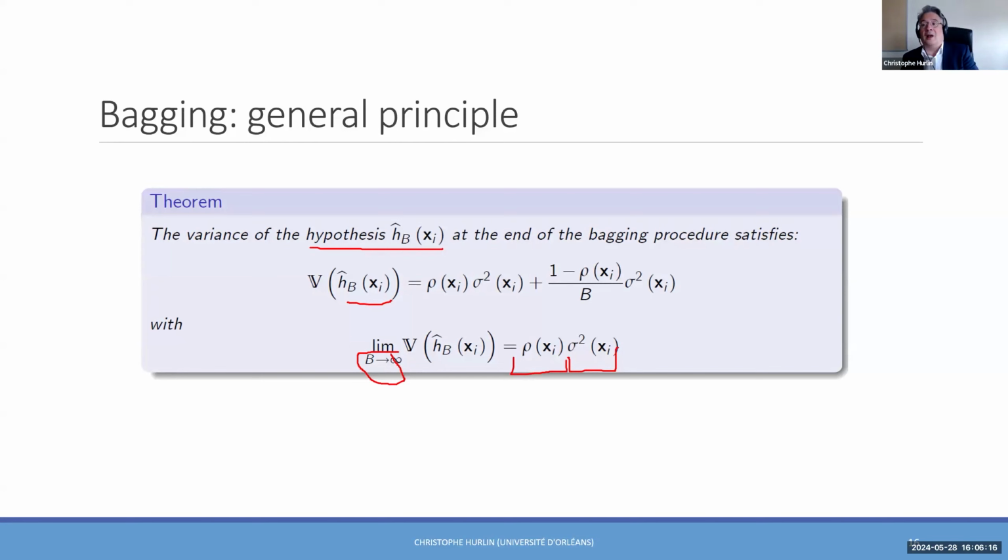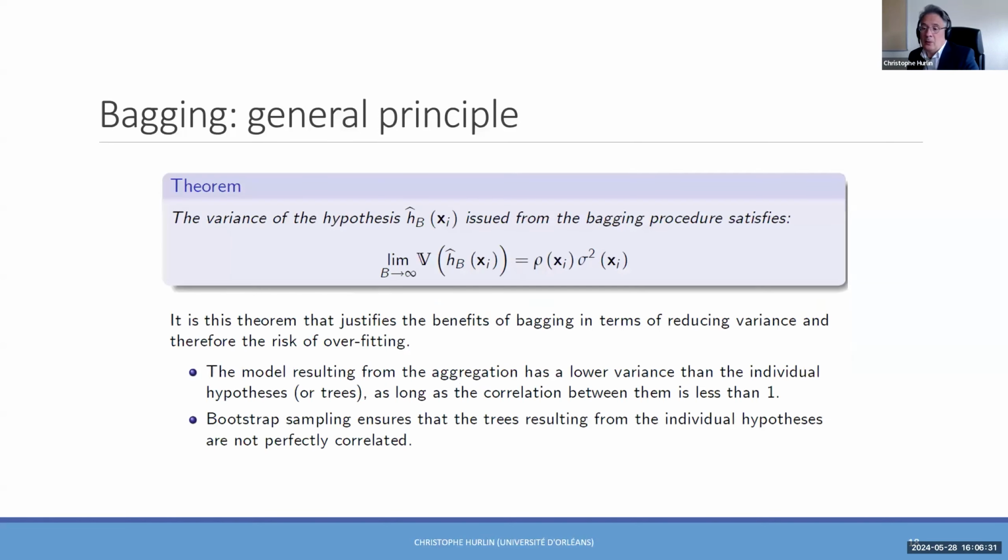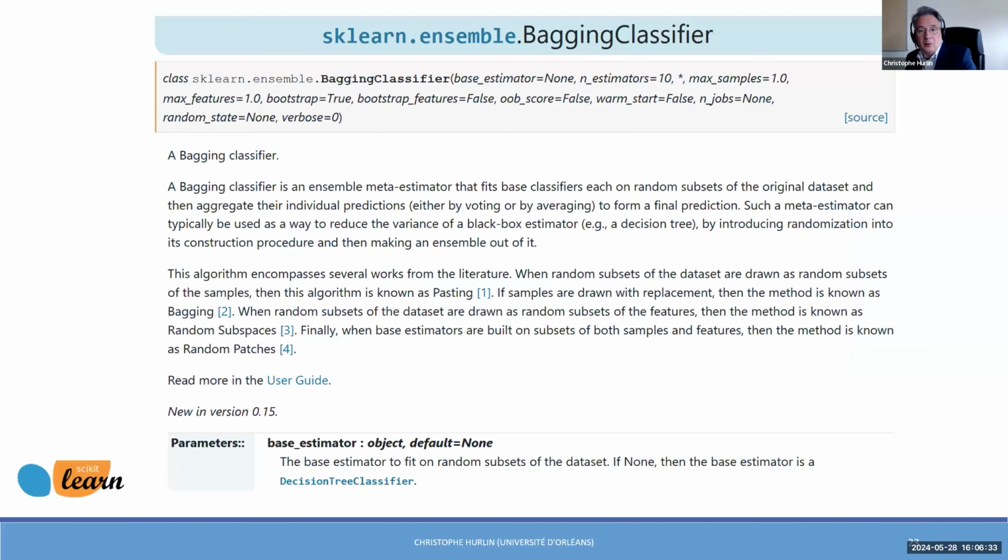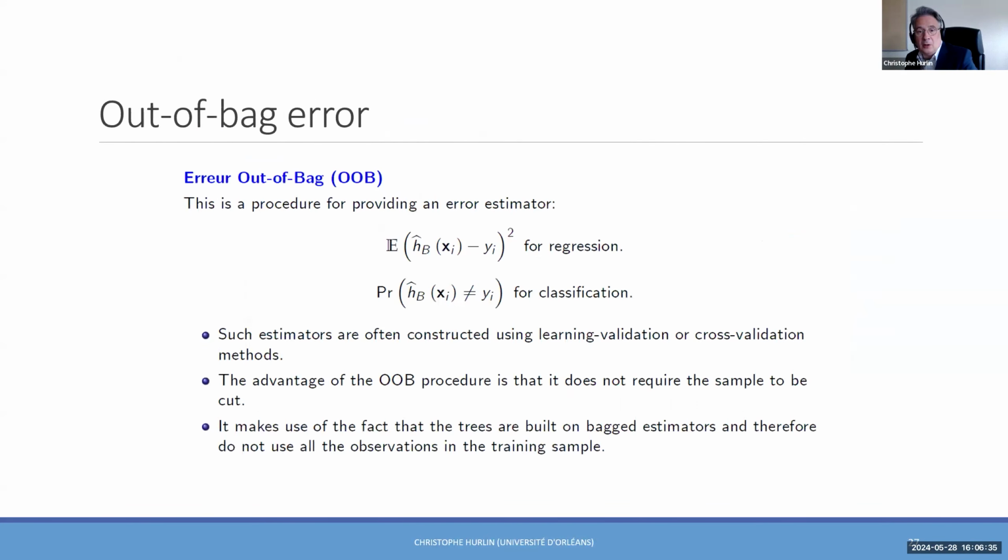And the more the weak models are decorrelated, the more their decisions are decorrelated, the more you have a reduction in the variance of your bagged model, okay? Is there any question about the bagging in general or its implementation? No?